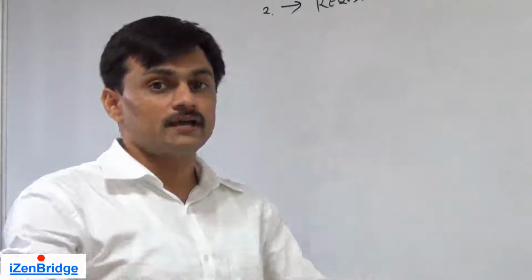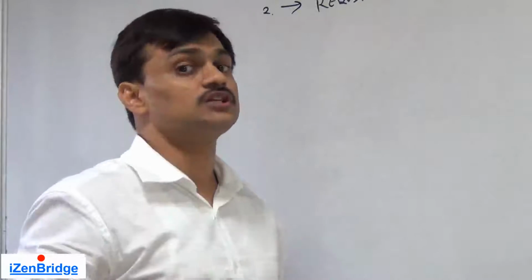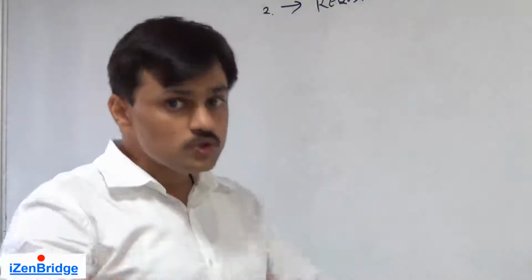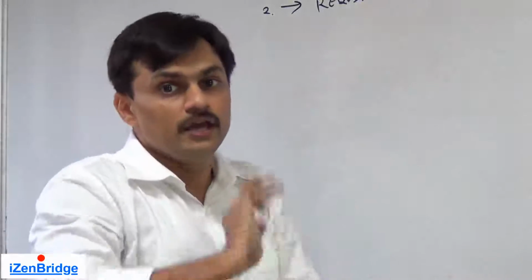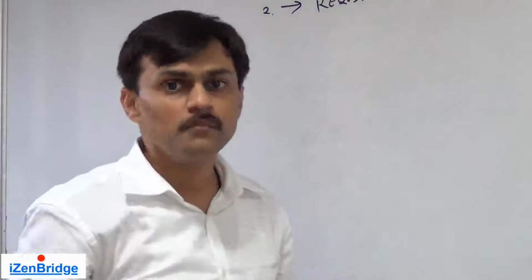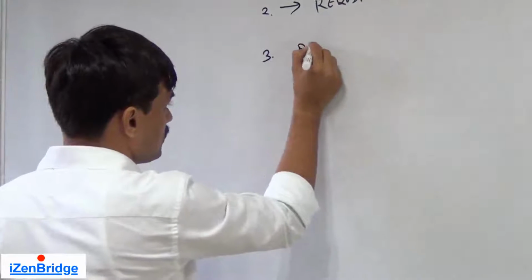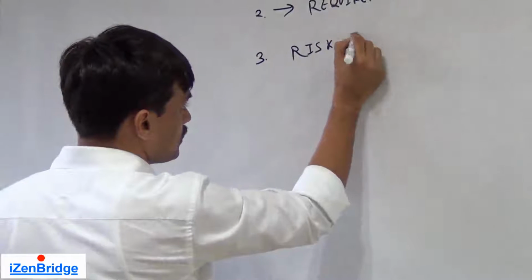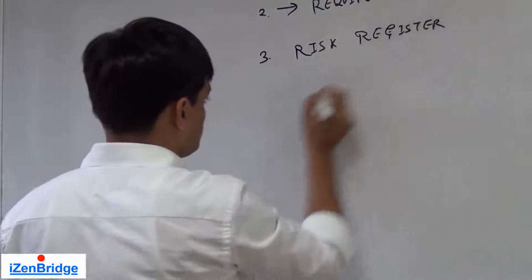So we need to look at the risk register in order to identify where the transfer strategy can work, and also identify what kind of risk there could be if we get this work done from outside. So the third input is the risk register.